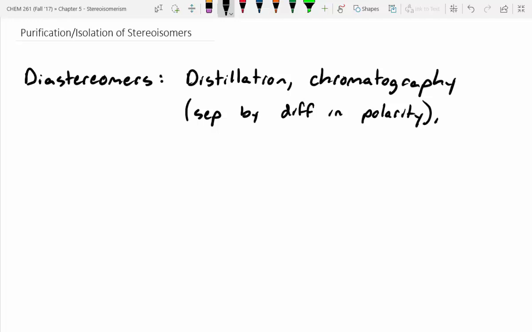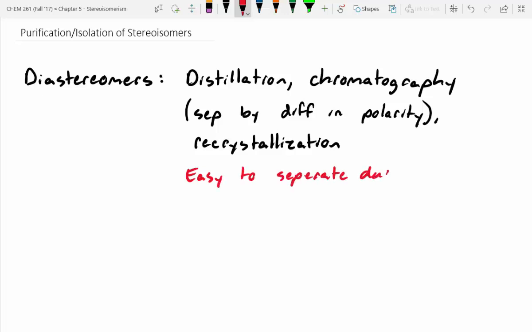You can separate them by recrystallization because they have different solubilities. In fact, they're just completely different from one another. So we'll write easy to separate due to different physical properties.